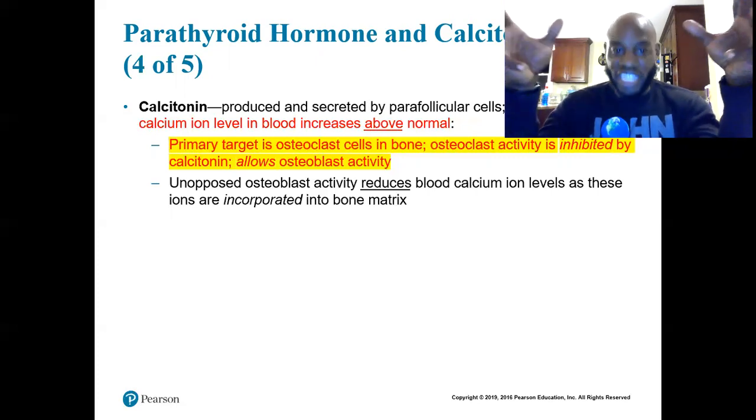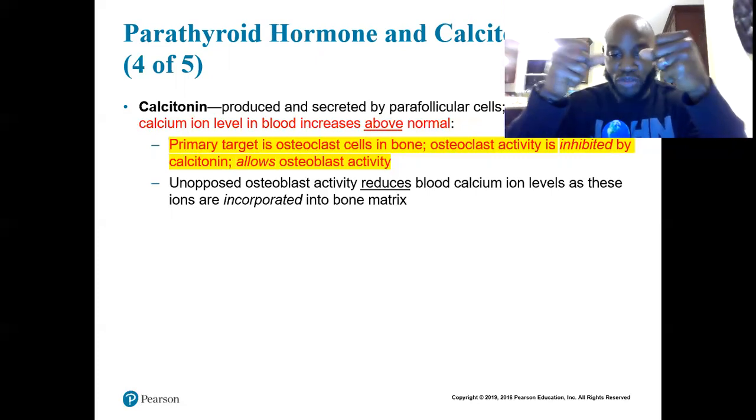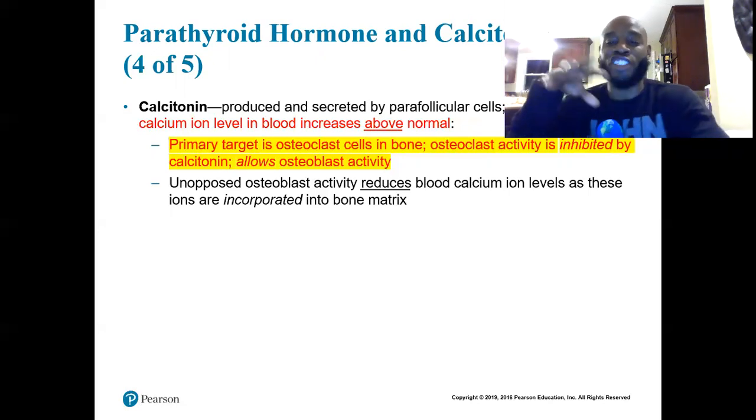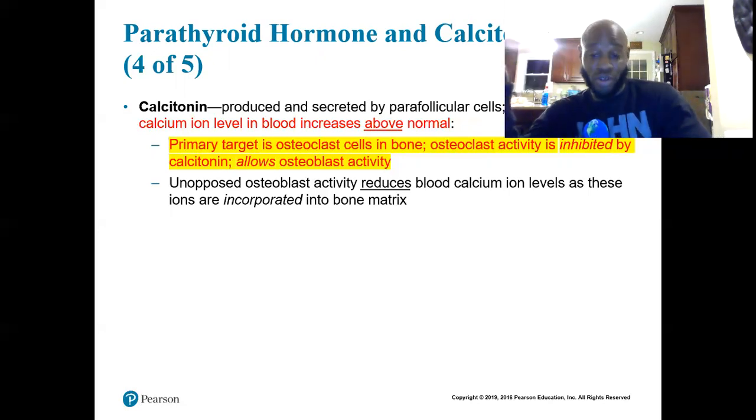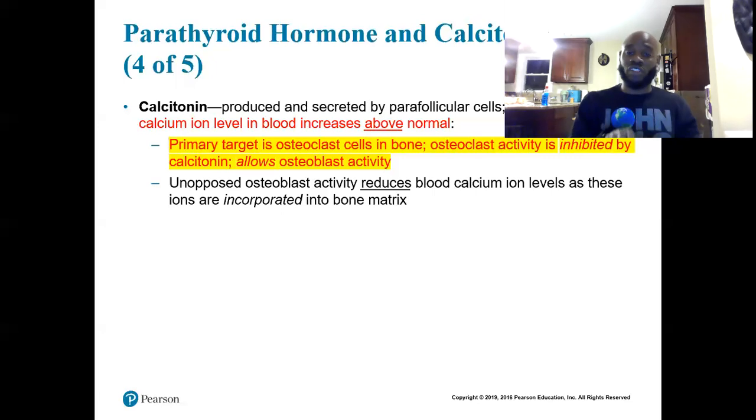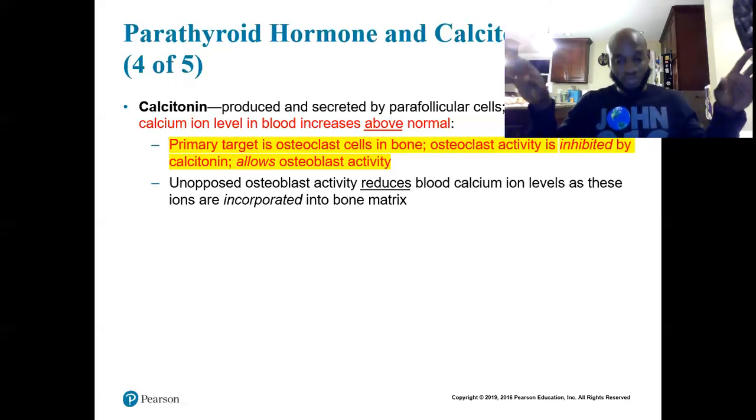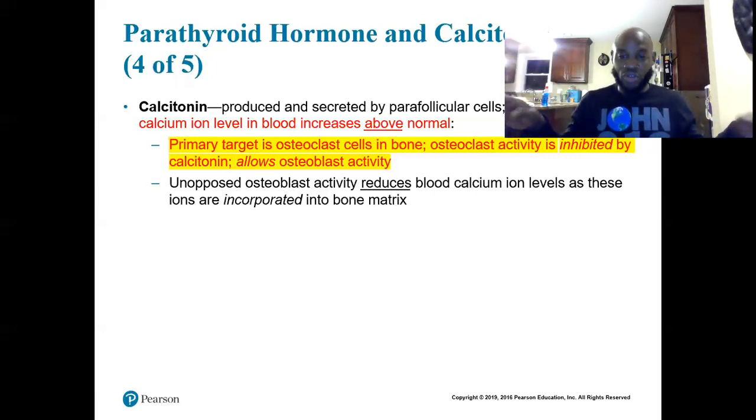Osteoblasts build new bone. Sorry, the osteoclasts break down bone. So the osteoclasts are the ones that release the calcium from the bone, and the osteoblasts build new bone, therefore taking calcium that's in your body and putting it into your bone. Therefore, it will reduce the levels of the calcium in your bloodstream. Sorry, I got that switched around.